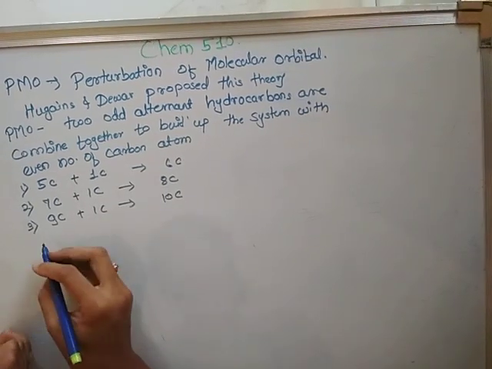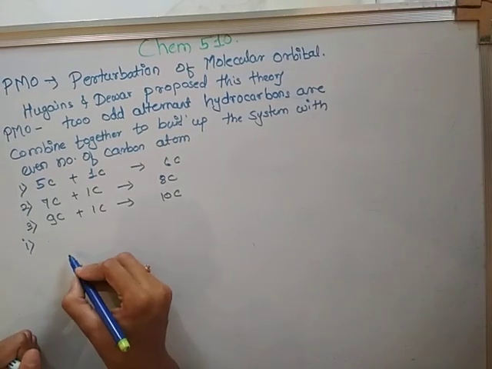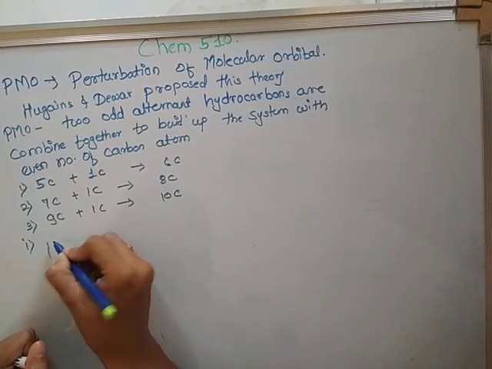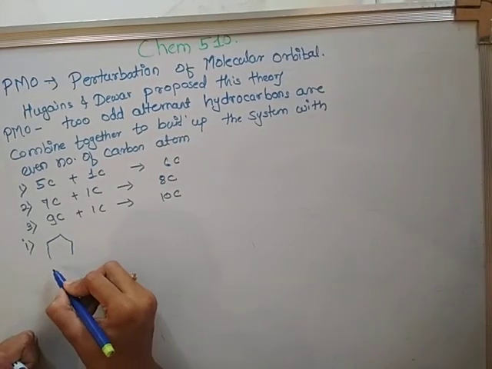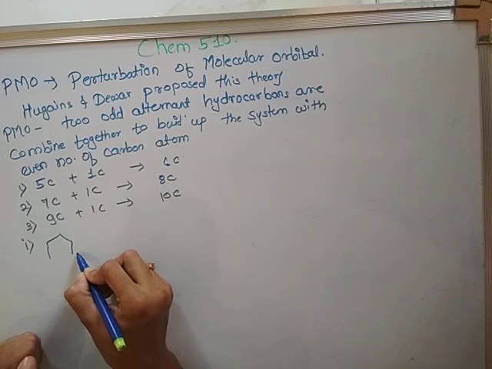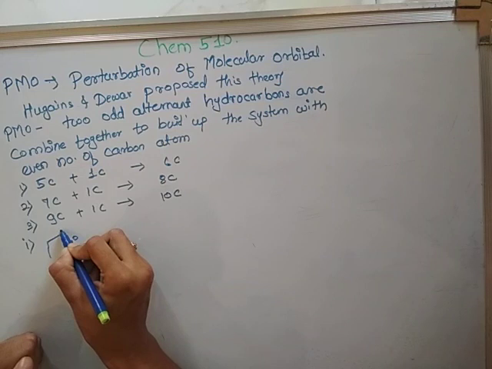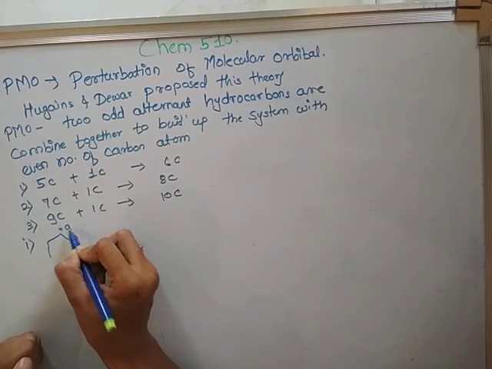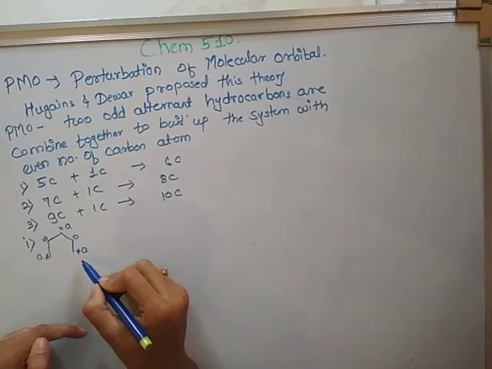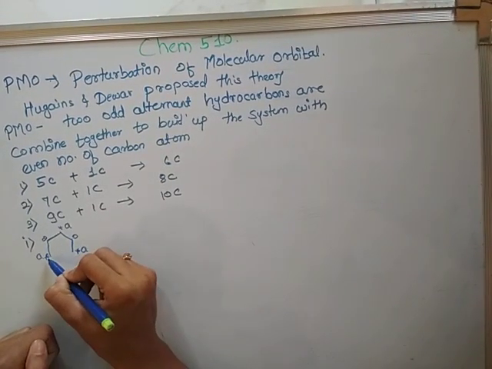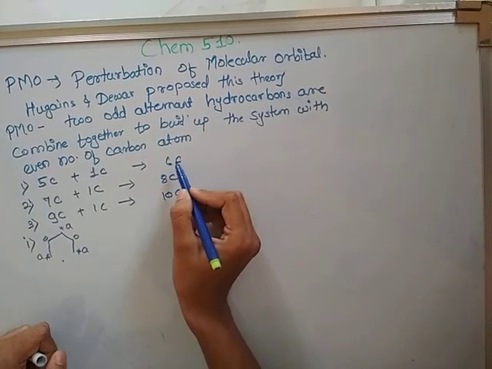Now we take one example for this. Here, starred A, 0, A. This is 1 2 3 4 5. 5 plus 1 is equal to 6 carbon.